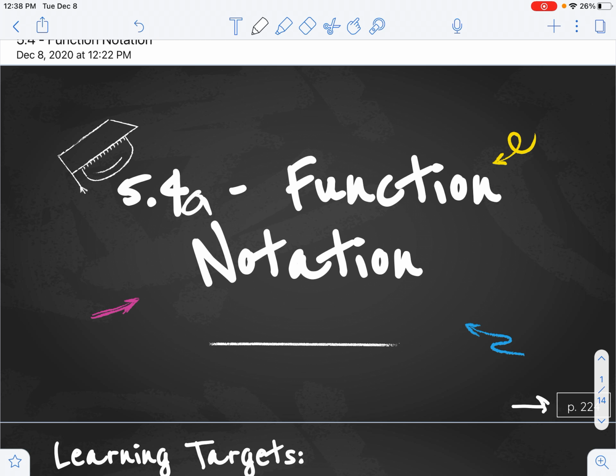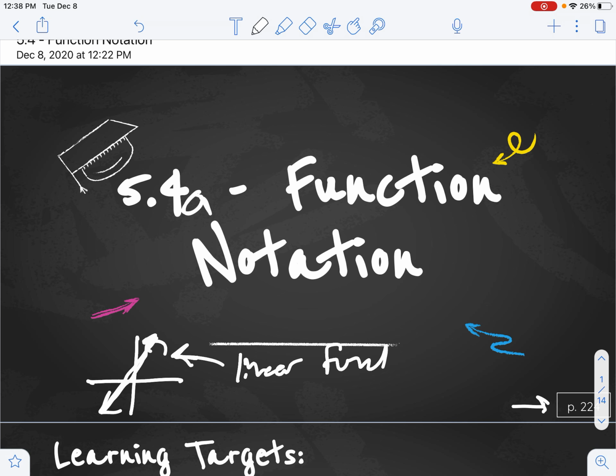Kind of as a quick recap of everything that we've talked about so far. We have said and recognized that we have these things called a line that are on a graph. And more specifically, we call a straight line like this a linear function, right?